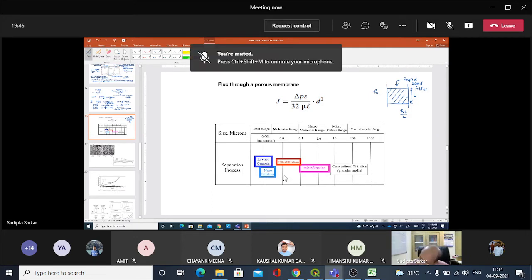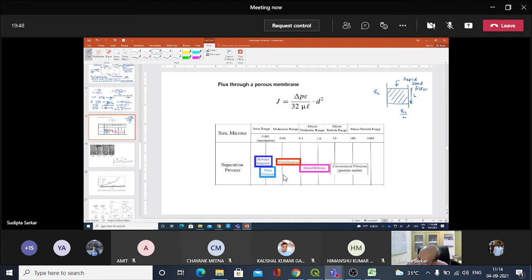You can imagine or consider that our filter is just a small portion of our membranes. Our microfiltration membranes are just a smaller portion of the sand filter that we are having.